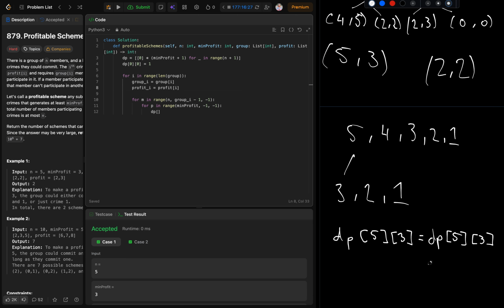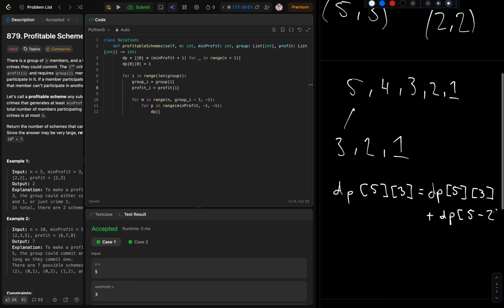But we also want to plus the dp of, if we commit this crime, right? If we take this, it means that we need to look at the amount of ways we can get to 5. We basically have to take the difference of these two, right? So let's just do that and that.